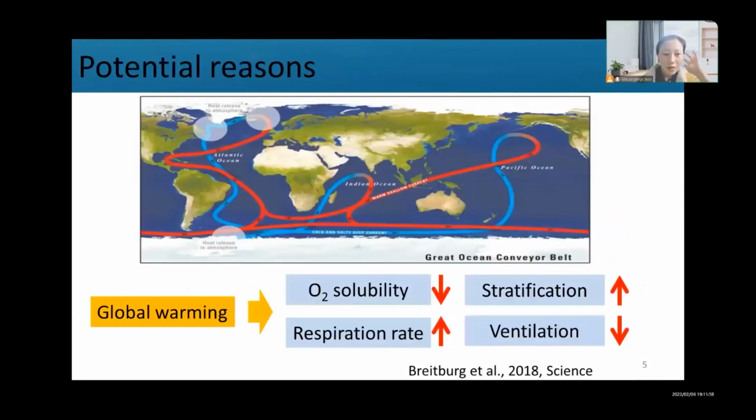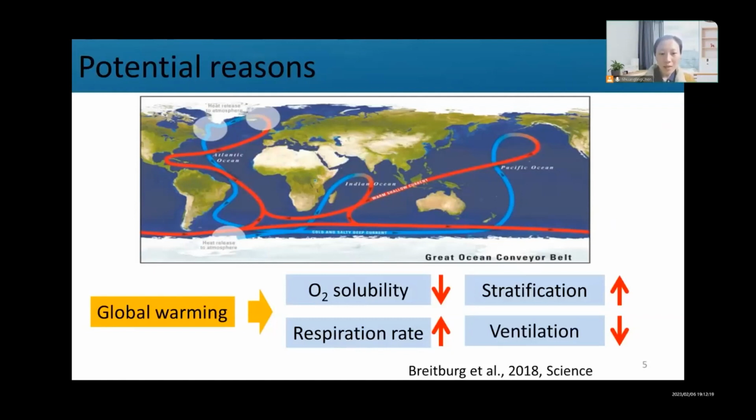In the open ocean, global warming is considered the primary cause of the ongoing deoxygenation. Specifically, the rising seawater temperatures decrease the solubility of oxygen, but increase the rate of oxygen consumption via respiration.